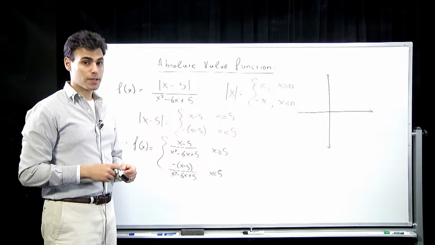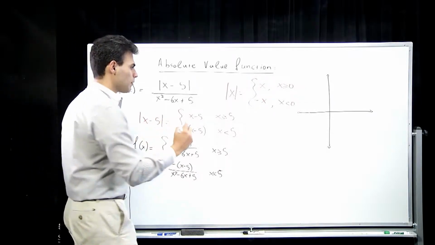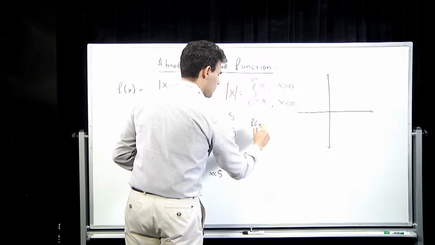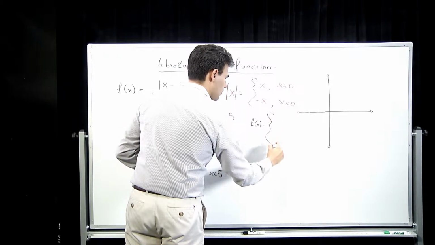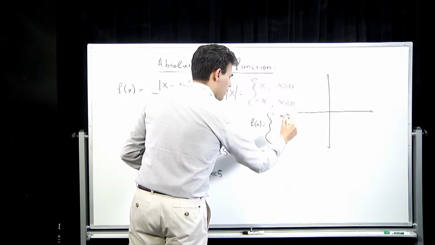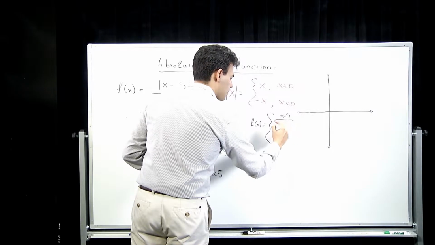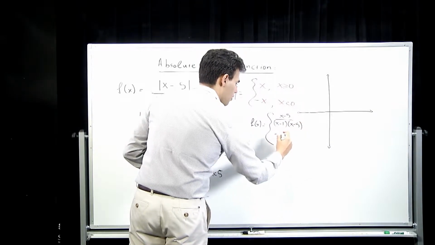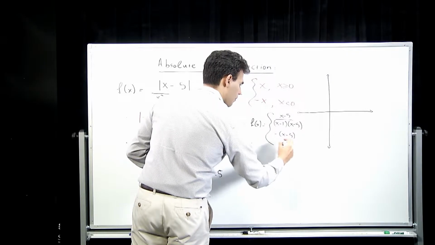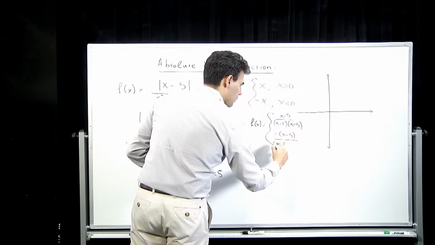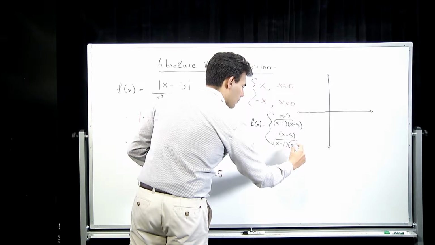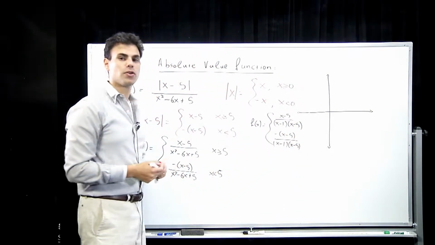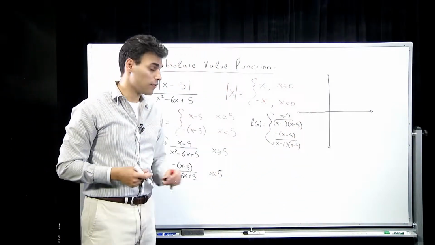Those numbers are minus 1 and minus 5. So really, your function can change into this: x minus 5 over (x minus 1)(x minus 5), or minus (x minus 5) over (x minus 1)(x minus 5). The first happens when x is greater than 5, and the second happens when x is smaller than 5.